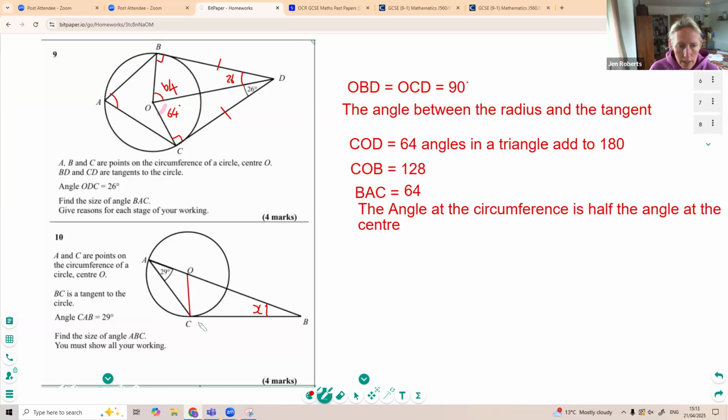Sometimes it helps to add in these extra lengths. I could see there's nothing we could really glean from there. So I've just added in this length because I know that is 90 degrees. I know this is an isosceles triangle because we've got a radius and a radius. So this is 29.